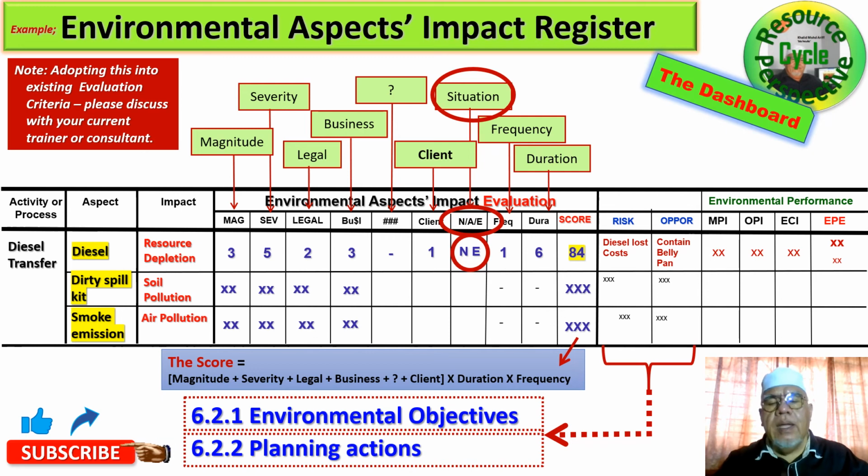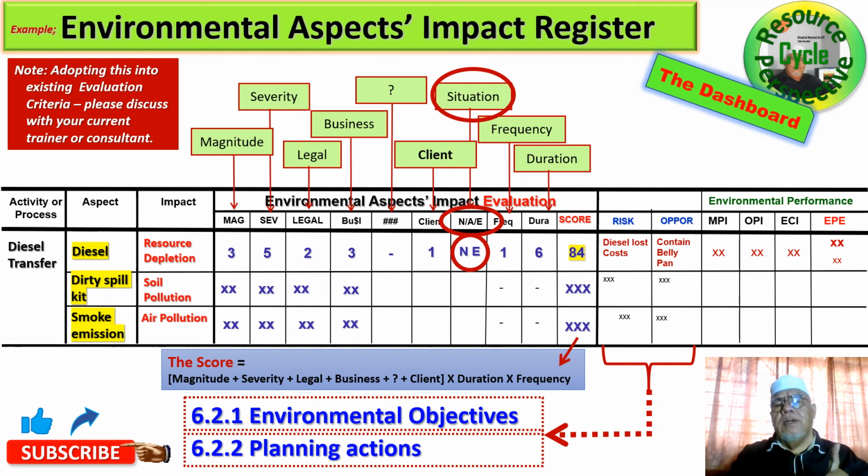It's a contract lorry that comes in fully prepared, transfers diesel from its tank to the storage tank of the factory, and if there is any technical disorder, that would be regarded as emergency situation in our premises.